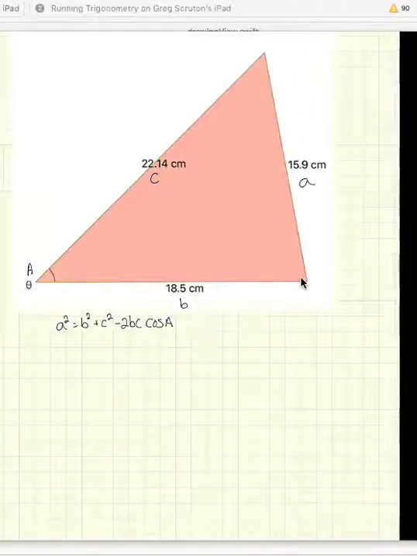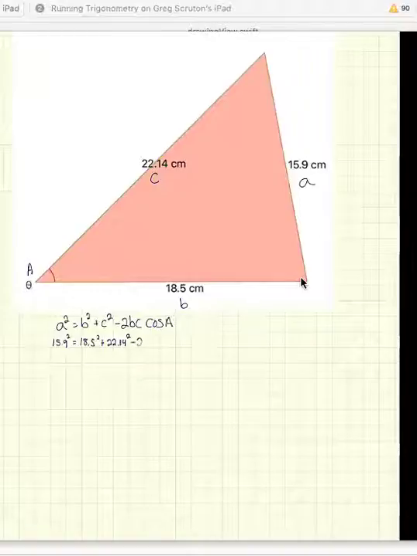So the A is 15.9. So A squared, 15.9 squared, is equal to B squared, 18.5 squared, plus our C squared, which is 22.14 squared.